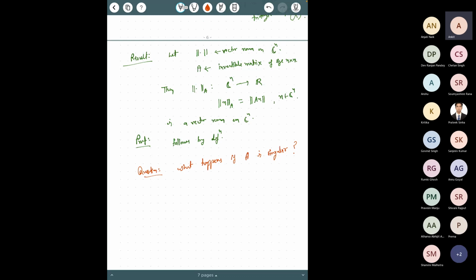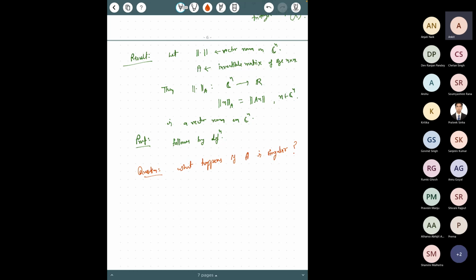So far we have seen that there are many different functions from a vector space to R that satisfy the axioms of a norm.